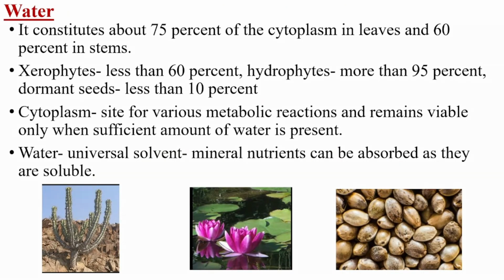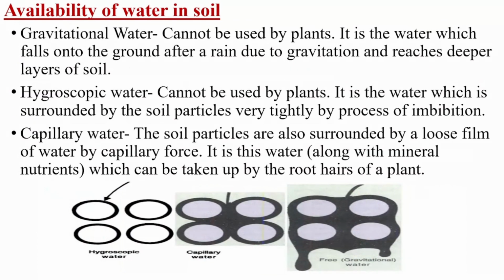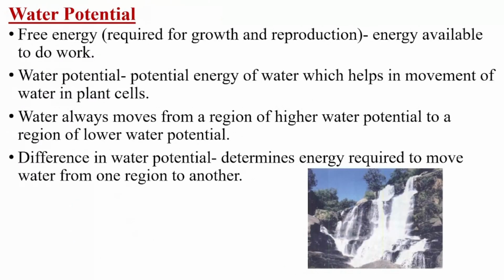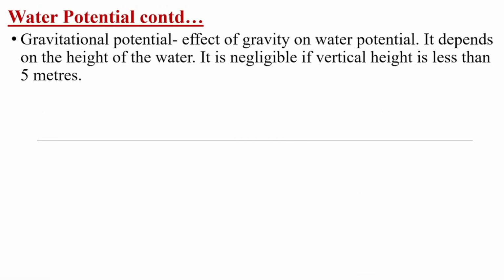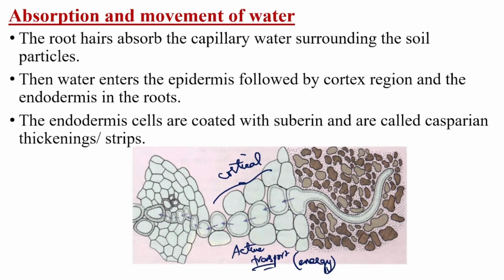We discussed the amount of water present in different cells or plants, and how much is actually available to the plant. Is all the water present in the soil available to the plant? No, it is the capillary water. Then we discussed the main mechanism, water potential and its units, and how water moves from a region of higher water potential to lower water potential, or from lower negative values to more negative water potential values.